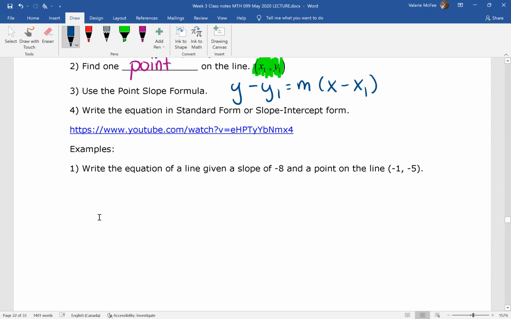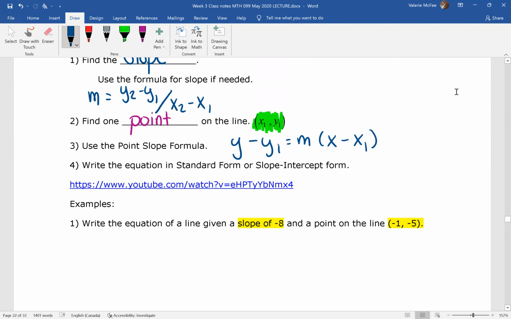So here's an example. Write the equation of a line given this slope, given this point. Okay, so step one, find the slope. Good, we have slope. Step two, find a point, x1, y1. Good, we have it. Use the formula. If you haven't got that formula memorized yet, write it down again.